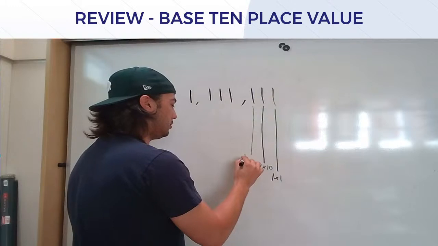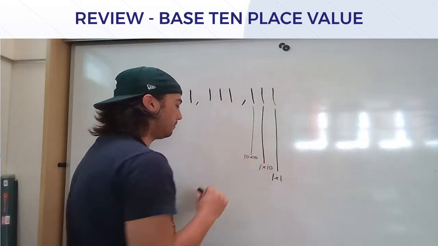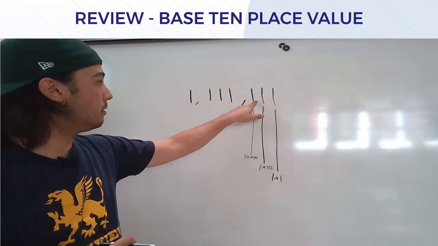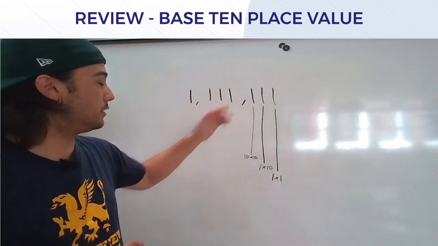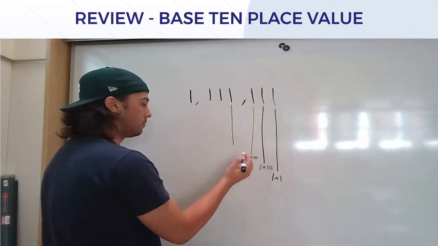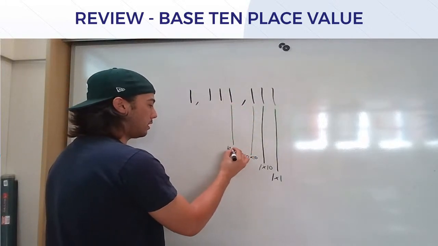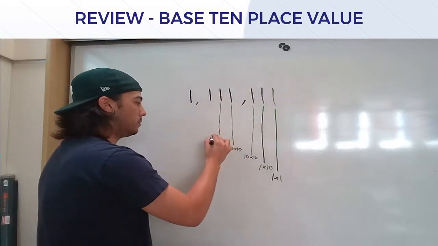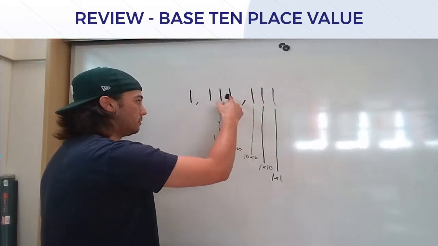Okay, this digit's equal to 10 times 10, taking the value of the place 1 to the right, multiplying it by 10 to move it over to the left. 10 groups of 100, or 100 groups of 10, would be here, right? And so on. This would be 1,000 times 10.